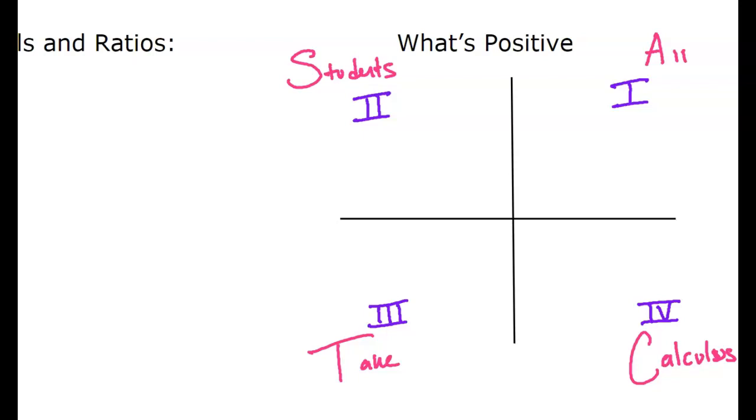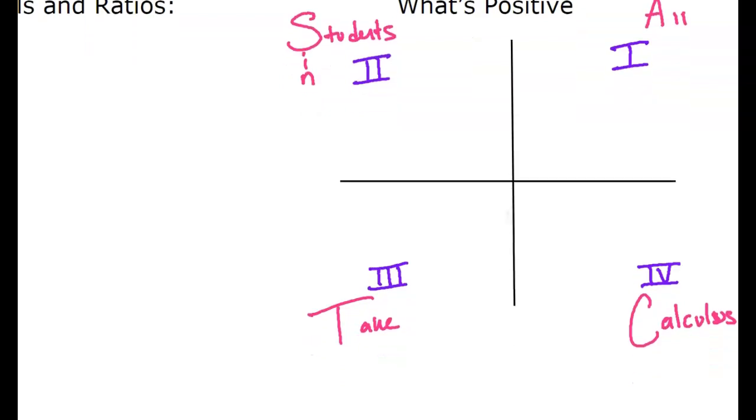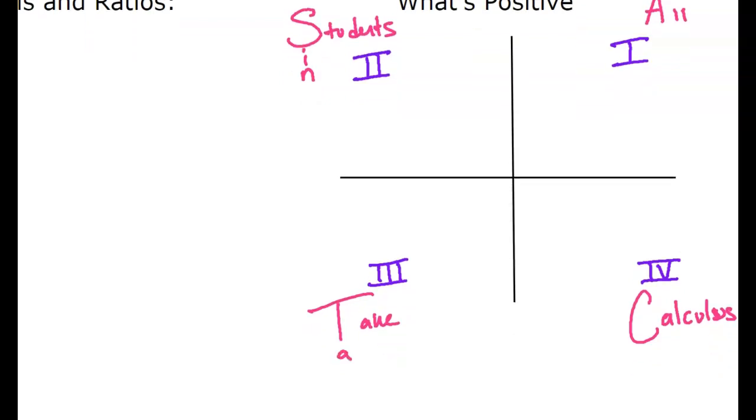In quadrant 2, only sine and its reciprocal are positive. In quadrant 3, only tangent and its reciprocal are positive. And in quadrant 4, only cosine and its reciprocal are positive. All Students Take Calculus. This is one of the things that has been ingrained in my brain and will never leave, just like self-control.